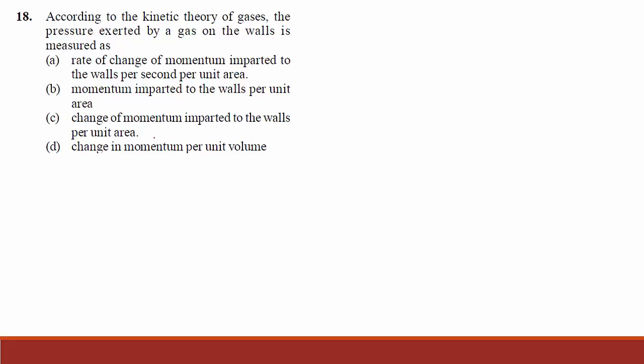And the last one, change in momentum per unit volume. So according to kinetic theory of gases, the pressure exerted by the gas on the walls is measured as option A, that is, the rate of change of momentum imparted to the walls per second per unit area. So option A is correct.